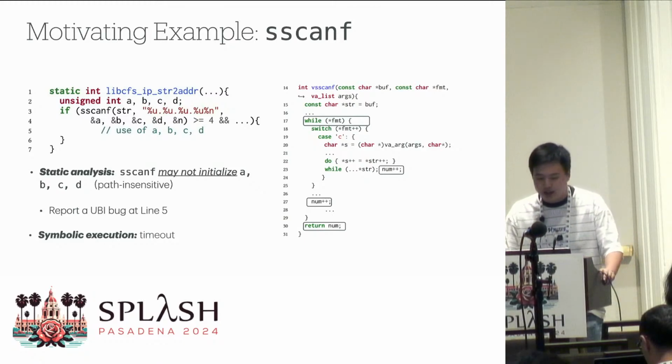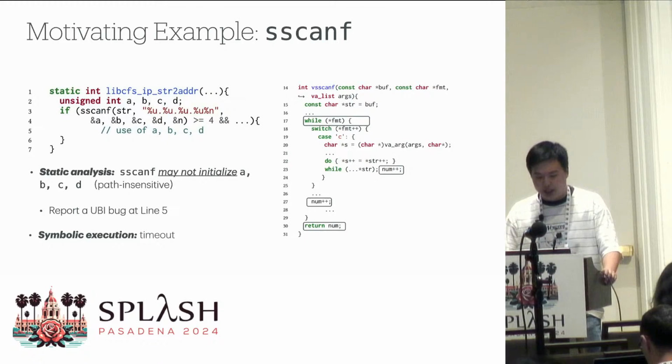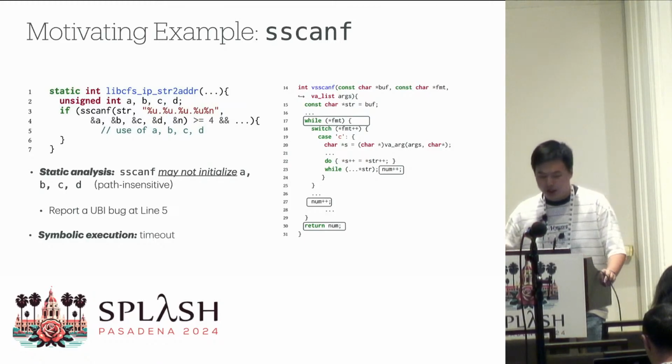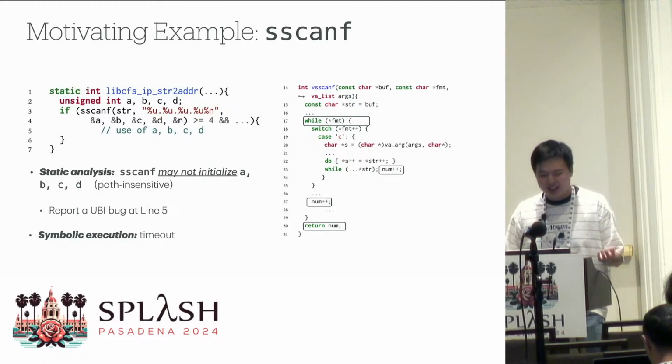However, when symbolic execution goes into the details of the definition of scanf, to infer the return value it finds a variable num, which is accumulated by a loop. So symbolic execution cannot handle this case and ends up with a timeout. The only thing UBITect will do is directly discard this case. Of course, this scanf case is clearly a false positive, and discarding it is the right thing to do.